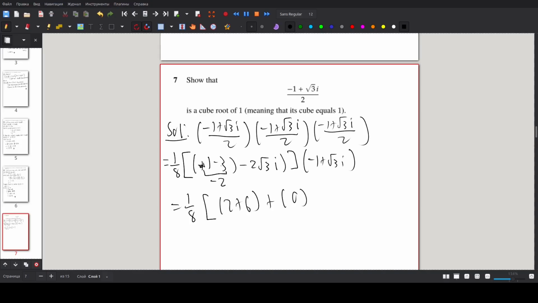Yeah, these two are going to cancel out, and then you're going to get 2 times 3, which is this, right? You're going to get this, and that's going to equal 1/8 times 8, which is 1. Okay, so good to go.